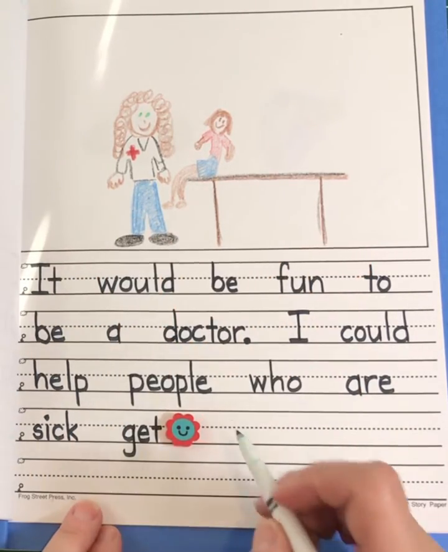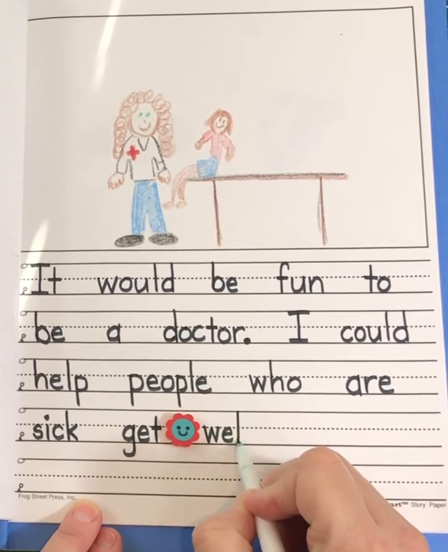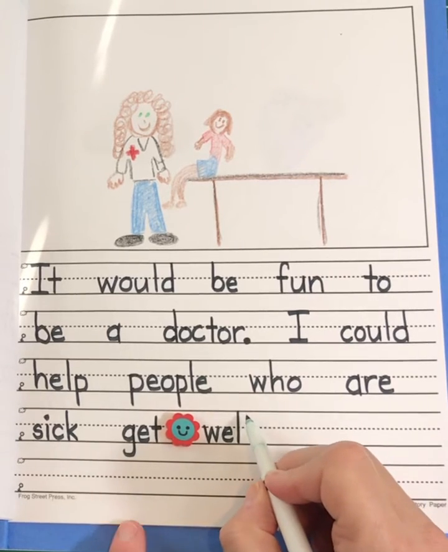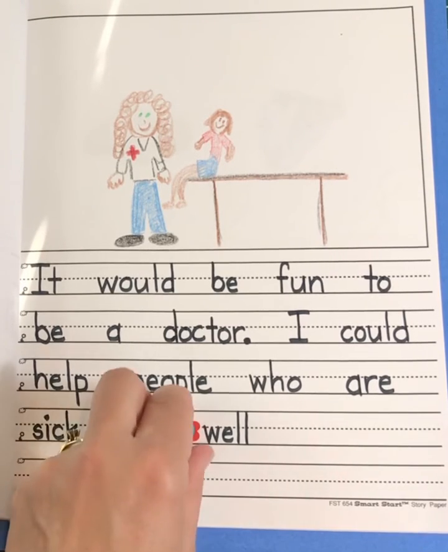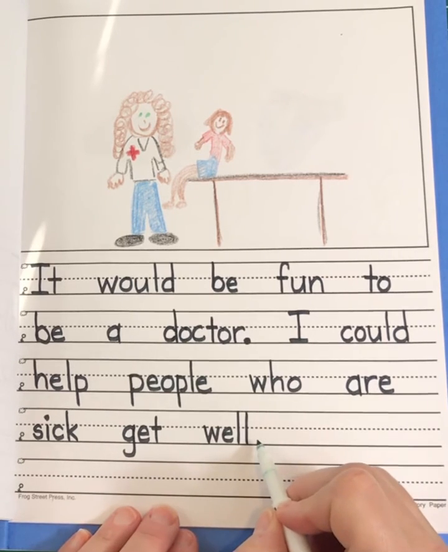I hear 3 sounds in well. And even though I don't say well-ol, there are 2 L's in well, and that's just something that you have to know. There's an extra L, even though we don't hear it. I could help people who are sick get well. What needs to go at the end of the sentence? We do need punctuation. I'll put my period.